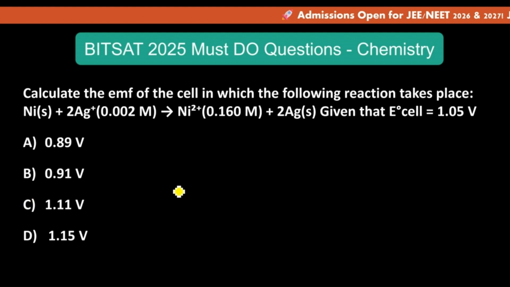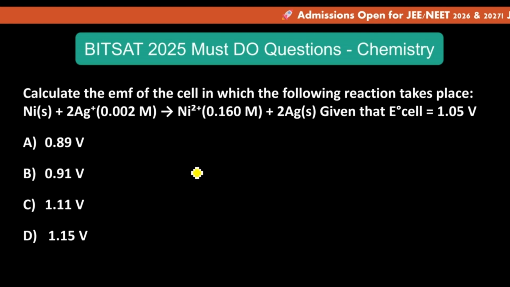Calculate the EMF of the cell in which the following reaction takes place. So calculating EMF of the cell, what are the details given over here? Concentration of nickel and Ag+. So as an oxidation part, nickel is becoming nickel 2+, and reduction part, Ag+ is becoming Ag.